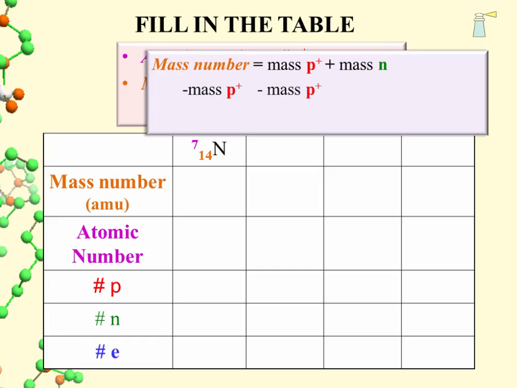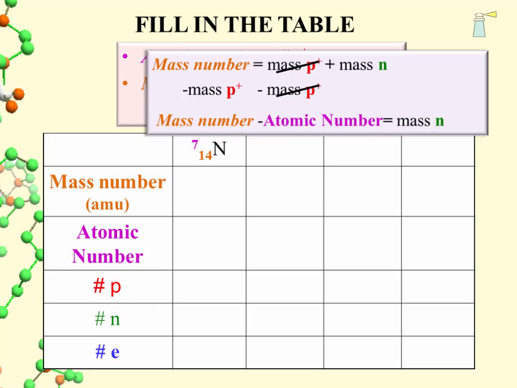If we subtract the mass of protons from both sides of the equation, we get the mass number minus the mass of protons equals the mass of neutrons. Remember that atomic number is also the mass of the protons, which allows us to rewrite this equation as mass number minus atomic number equals mass of neutrons.